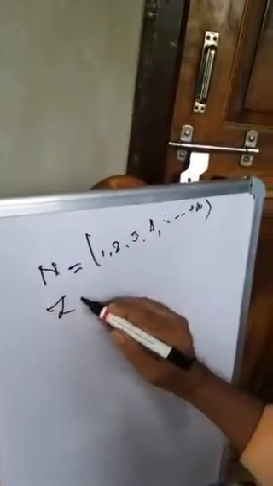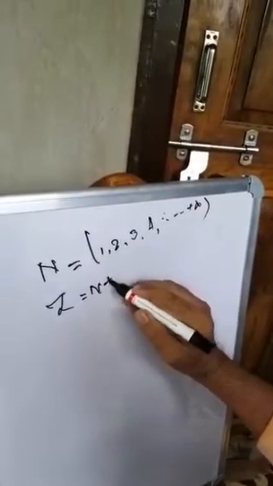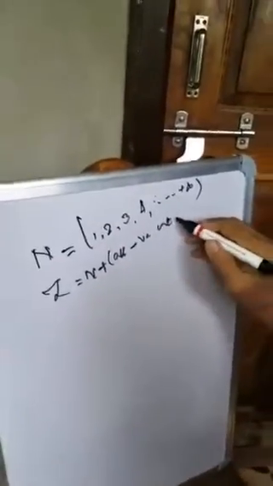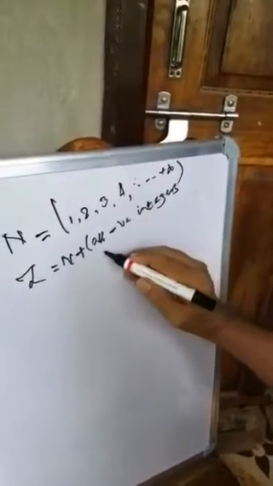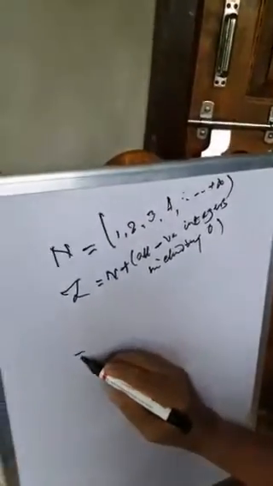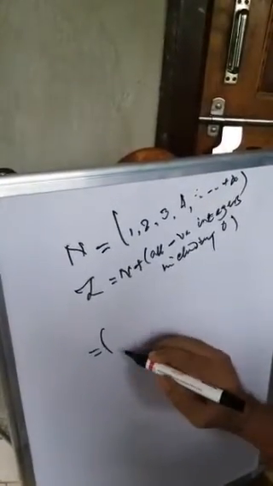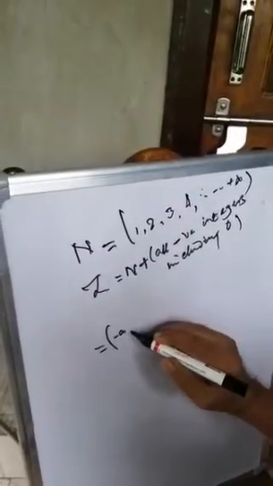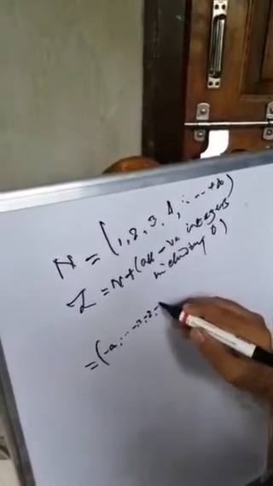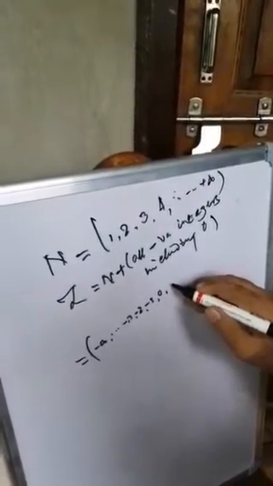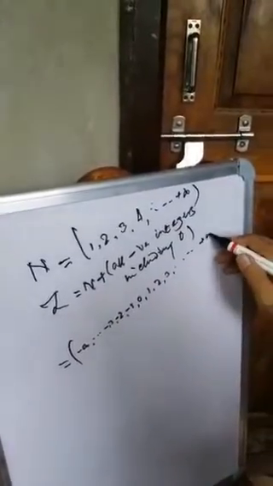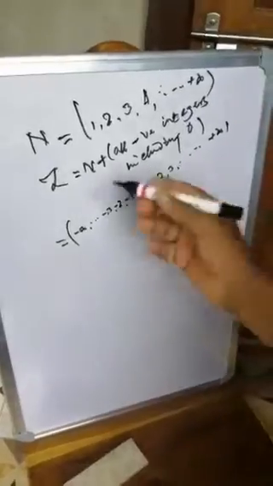Then the Z set is equal to the N set plus all negative integers including 0, which is equal to minus infinity, ..., minus 3, minus 2, minus 1, 0, 1, 2, 3, ..., plus infinity. This is called the Z set.